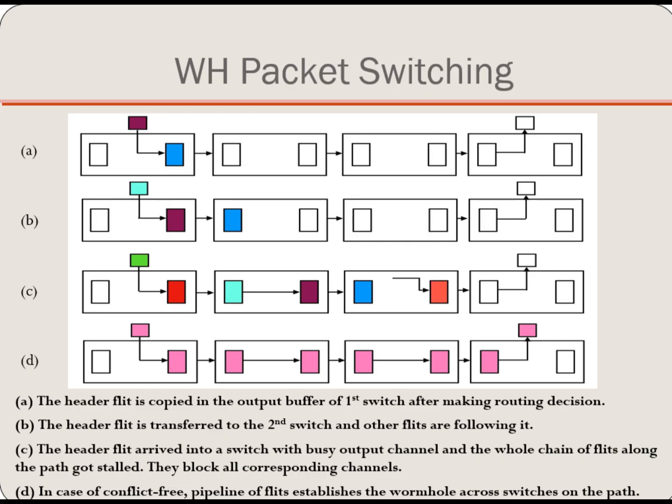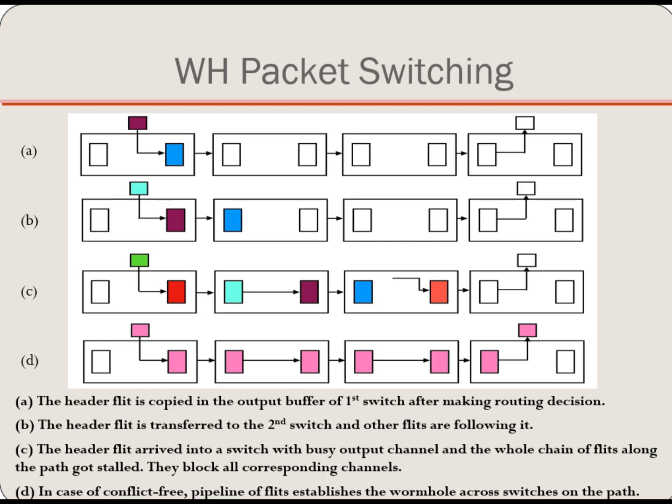So this kind of case is more proper for a system where the traffic is not too high. Then the chance of this happening will be low, and it's not a big problem. But you get the advantage of using smaller buffers.